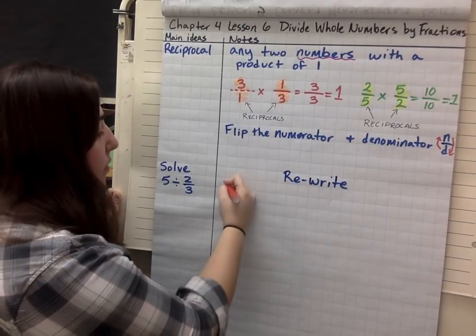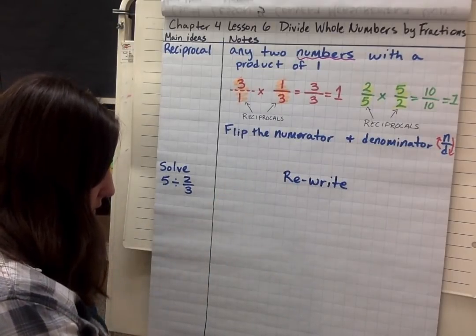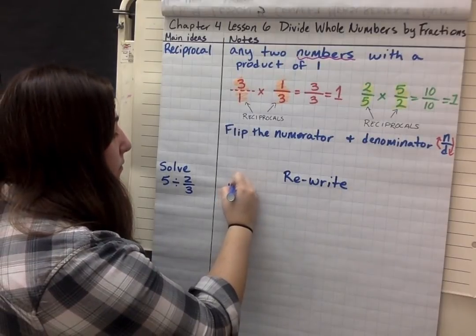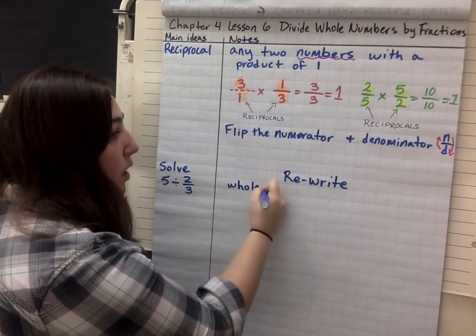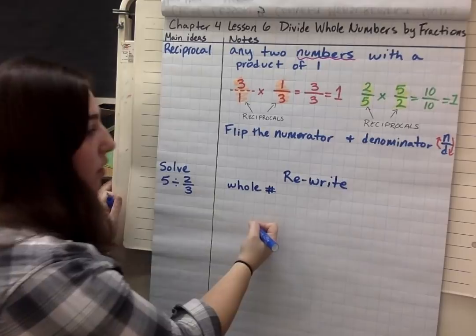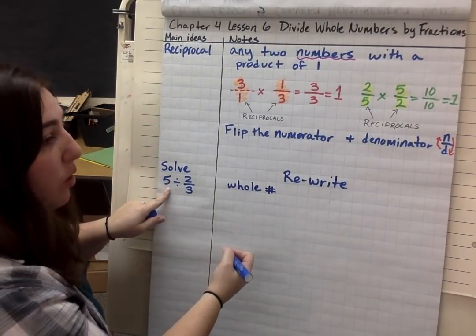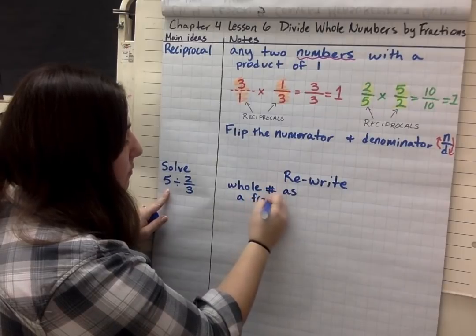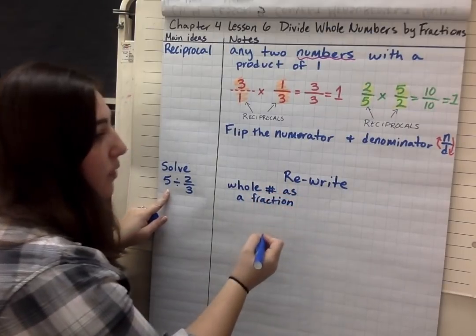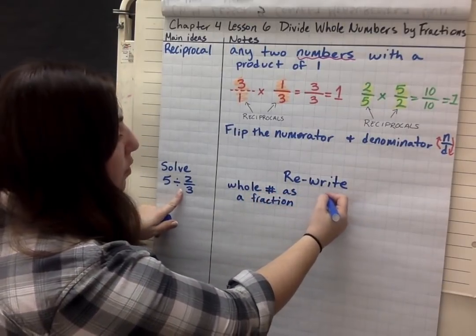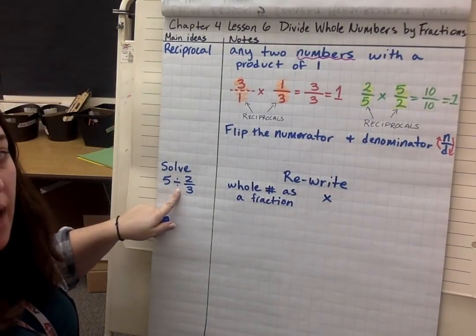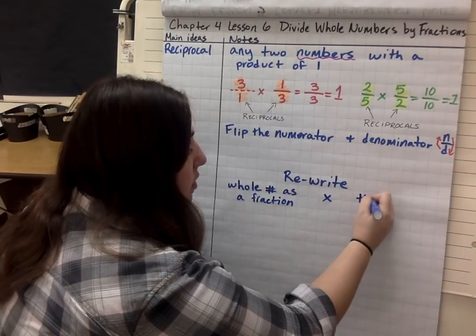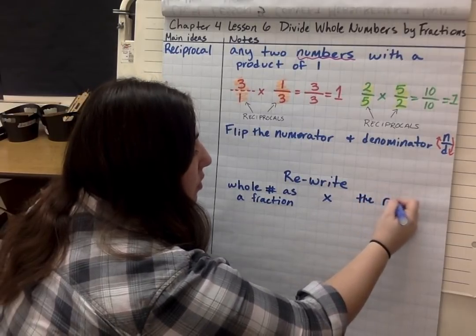So we're going to have the whole number. We're going to write the whole number as a fraction. And then we're going to multiply instead of dividing. And we're going to multiply the reciprocal.